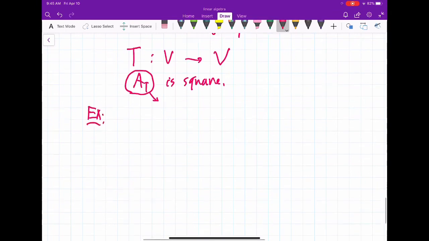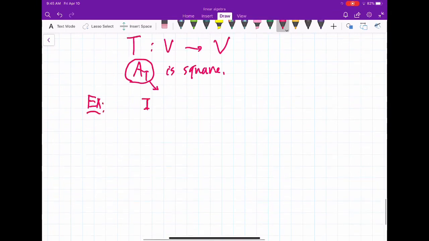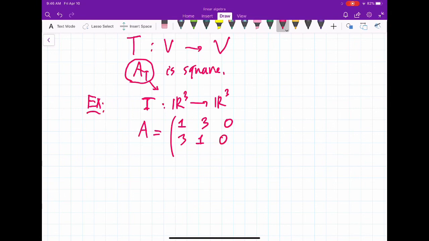Let's consider the following example. Suppose that you have some linear transformation from R3 to R3, and the representation matrix in the standard basis is 1, 3, 0, 3, 1, 0, and 0, 0, negative 2.